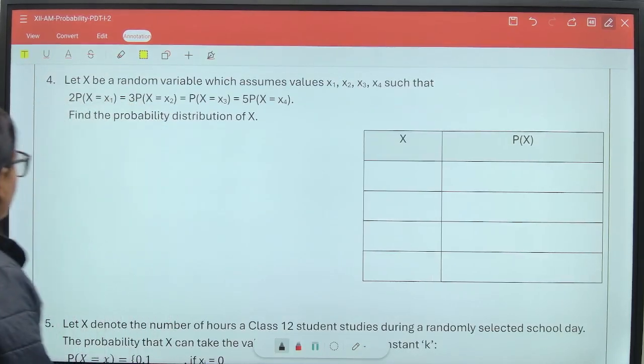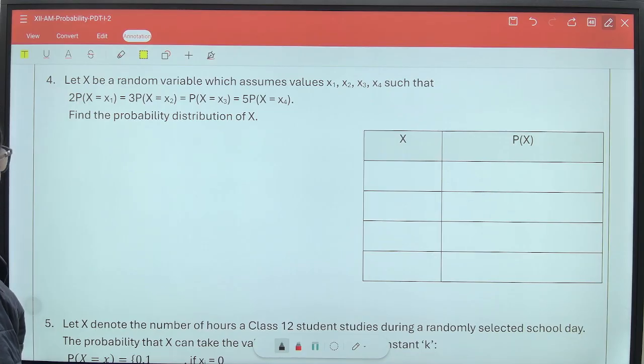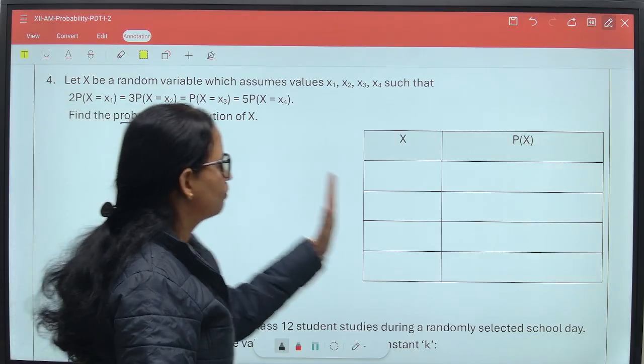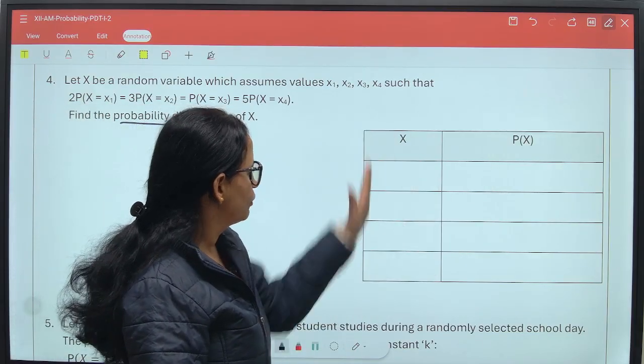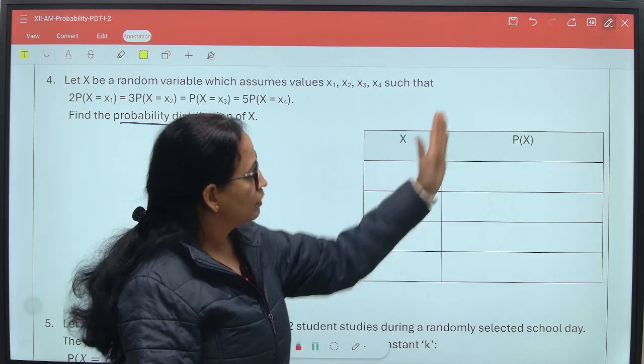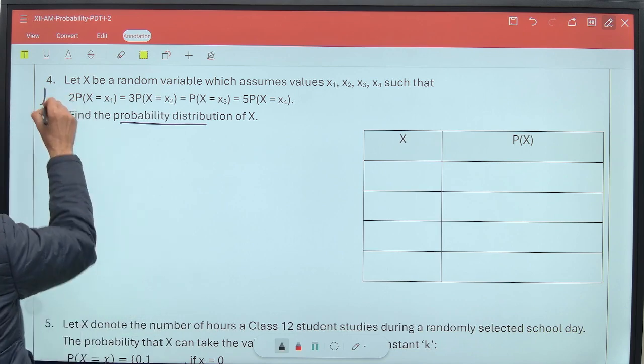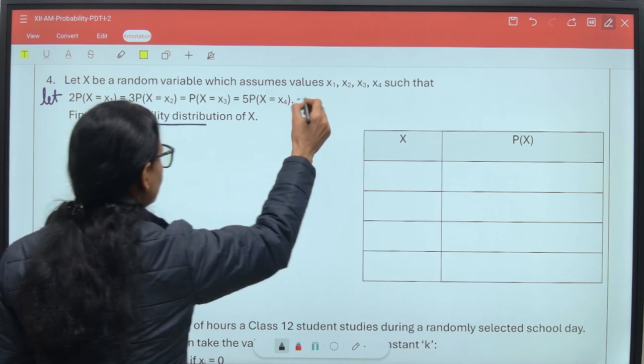Let x be a random variable which assumes values x1, x2, x3, x4 such that some condition is given to you. Find the probability distribution of x. Probability distribution, again it means it has to be a table in the form of 2 columns. The first column is the values of the random variable and then the probabilities of each of these values. So let this expression be equal to k.